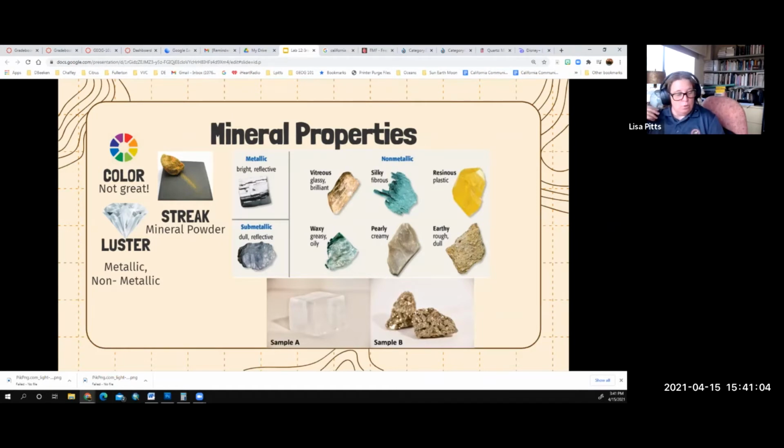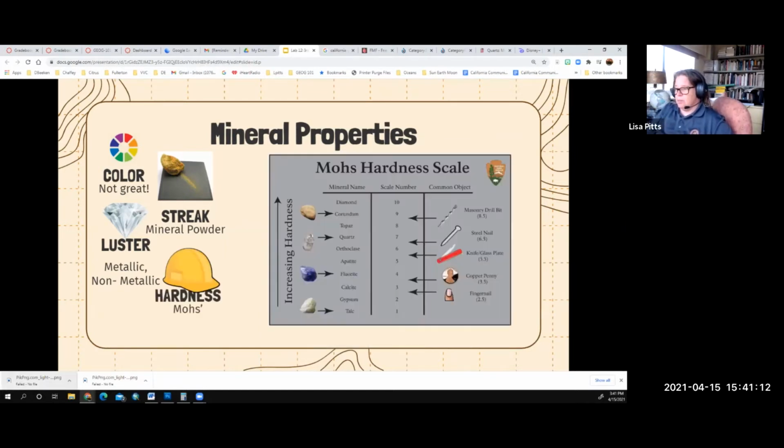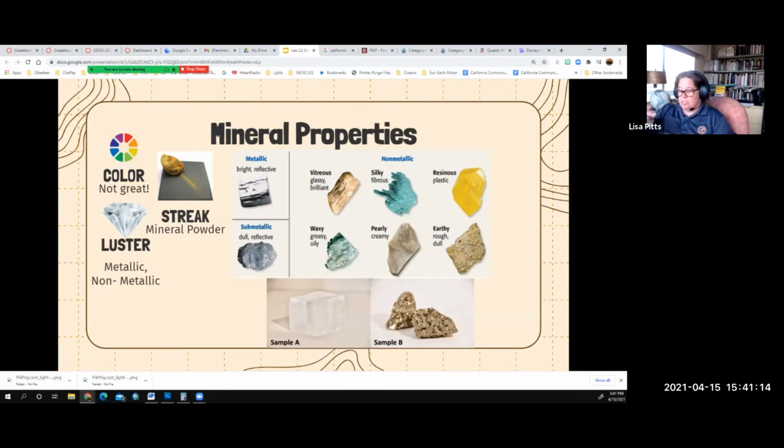And I believe there's a question that says, answer the questions about the two specimens pictured. Oops, this time I actually pictured them. So sample A, what is its luster? We can start with metallic or non-metallic.